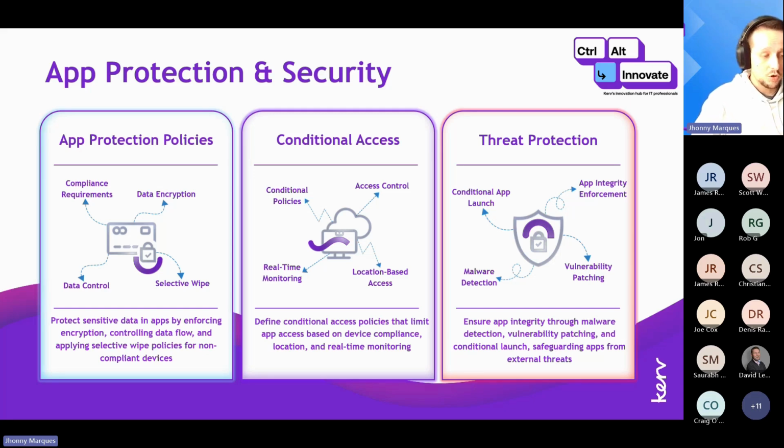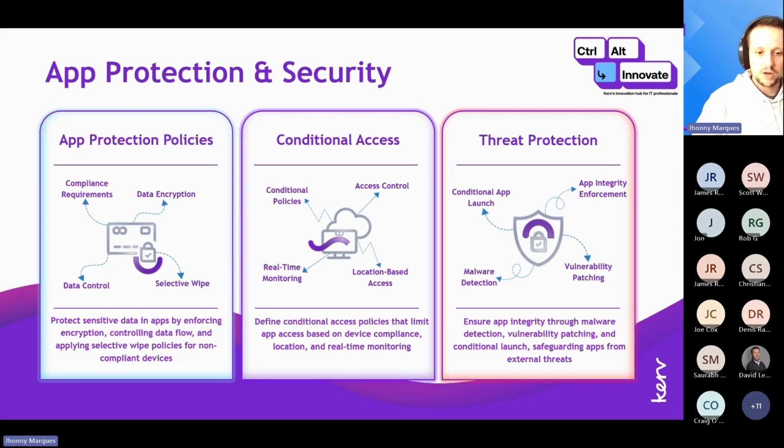You can make sure that you continuously monitor the app usage and enforce policies dynamically. And lastly, you can do location-based access, restricting access from countries that you don't operate in or high-risk countries that a lot of the breaches come from.